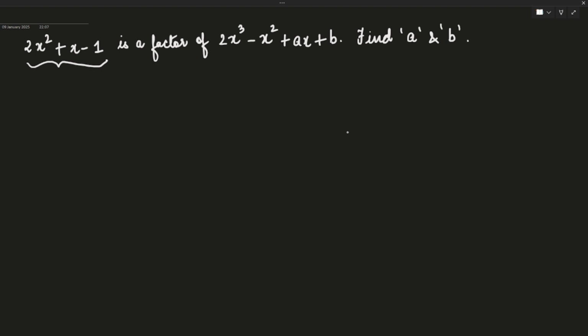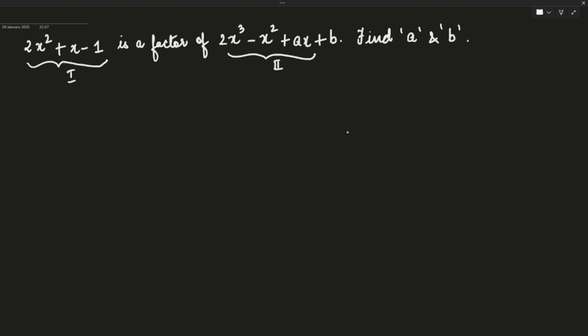We know that this first polynomial is a factor of the second polynomial. So for the values of x, we'll first equate the first polynomial to 0.